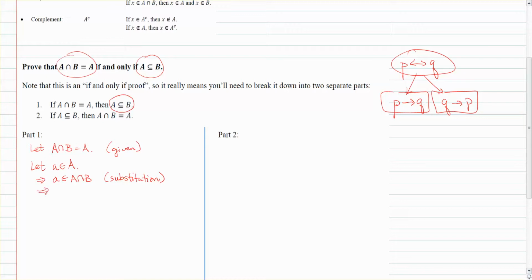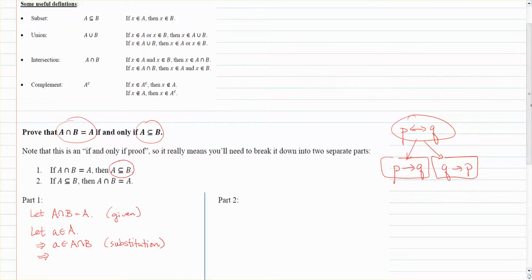Well, if a is in A intersect B, and I know that the intersection definition says then a must be in capital A and a must be in capital B, so a must be in A, and a must be in B. That's because of the definition of intersection.